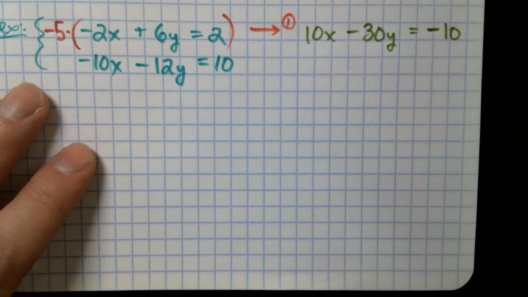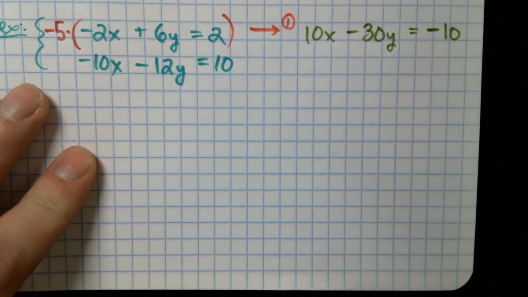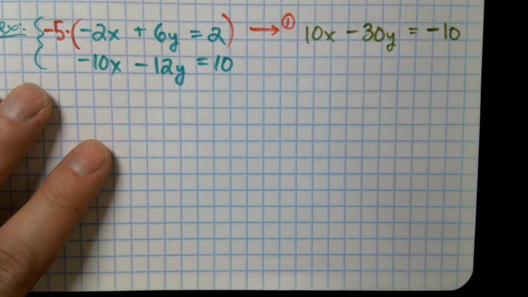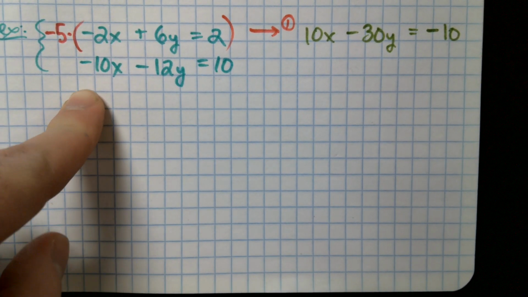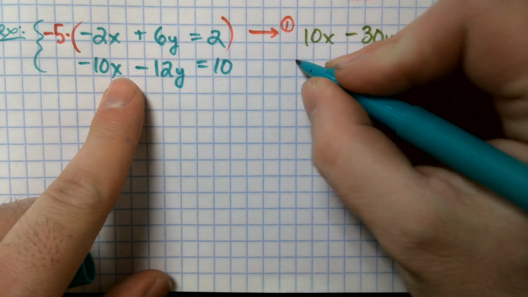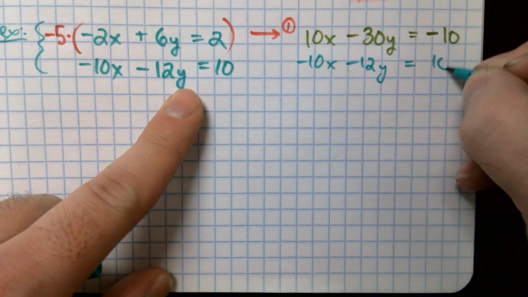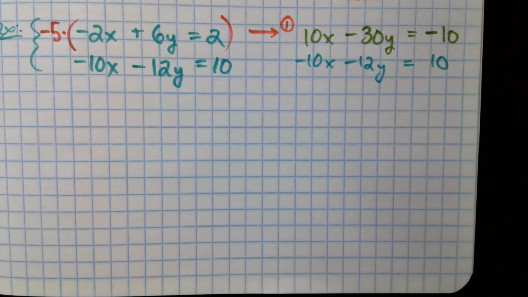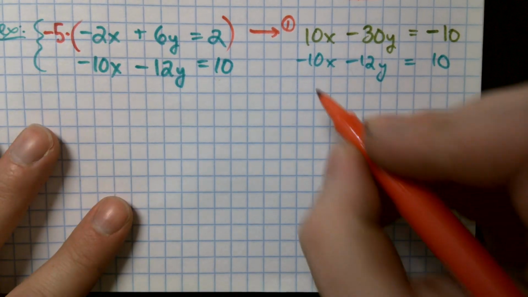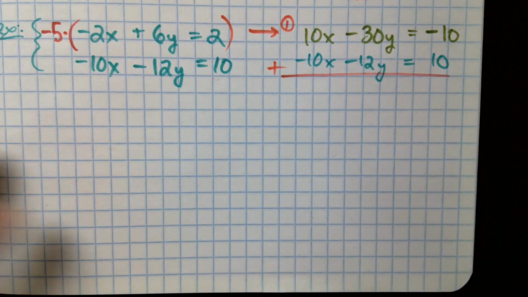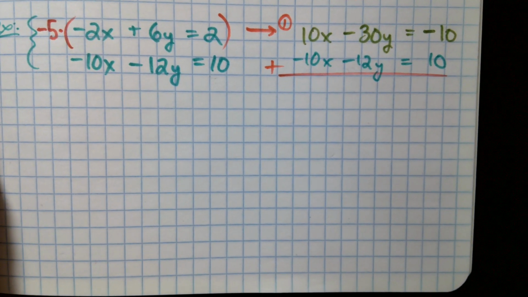Excuse me. It's all right, guys. Let's write it. My second equation, though, obviously stays exactly the same. Negative 10x minus 12y equals 10. Okay. I'm going to add these together.